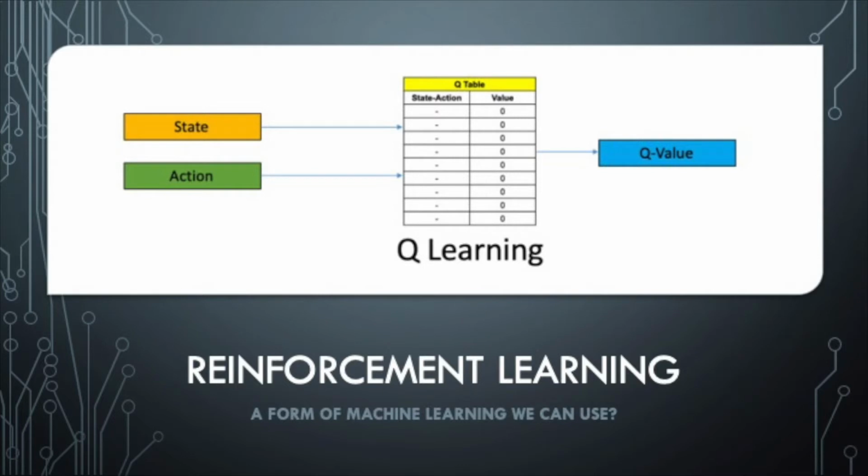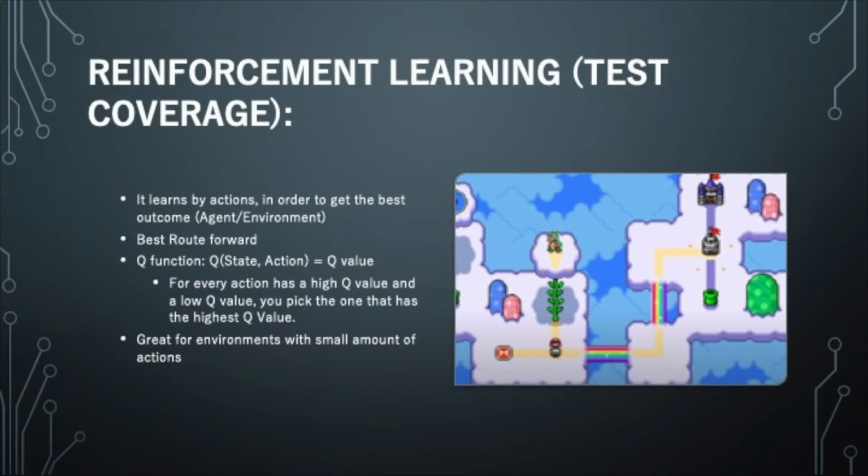So a form of machine learning that we can use in our existing test automation frameworks is called reinforcement learning. Reinforcement learning is based on the principle of having an agent and an environment. The agent would be the code that you would be executing the actions with, and the environment is your application under test, such as your website or your mobile app.